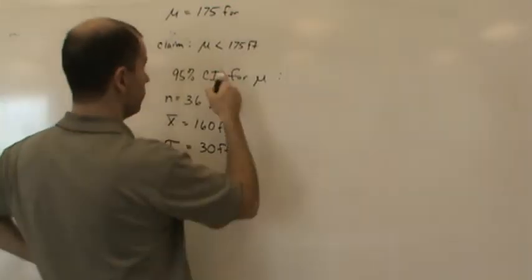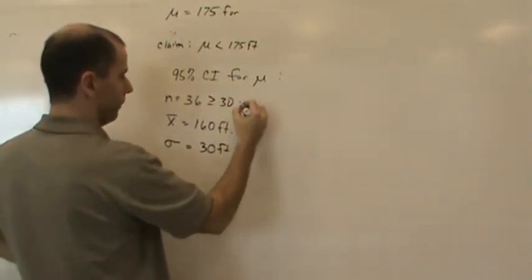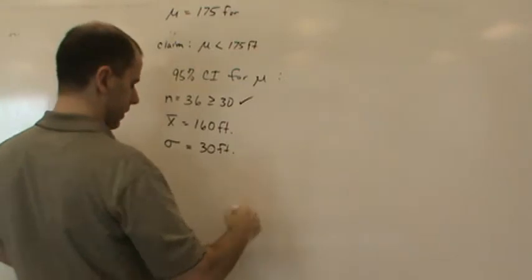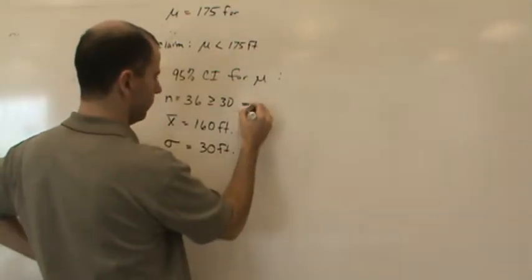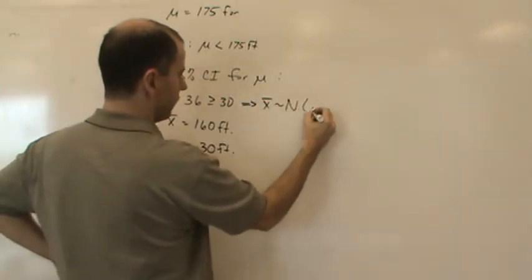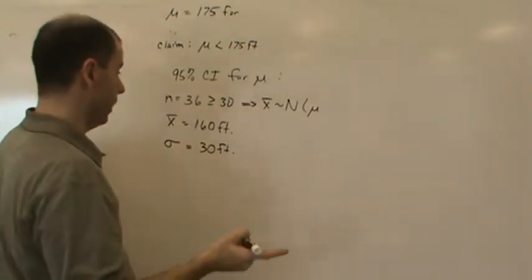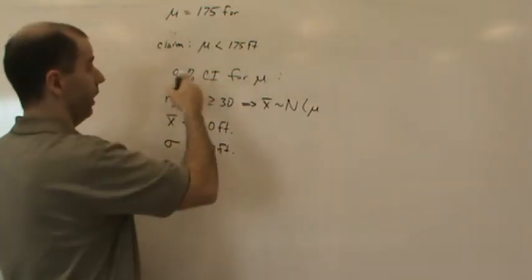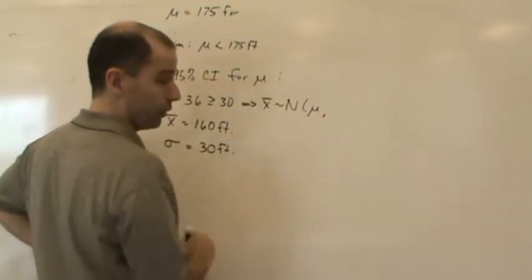So again, since n is bigger than or equal to 30, that means x bar is going to be normally distributed, and it's going to have a mean. Well, the mean we don't know, because we're doing a confidence interval.